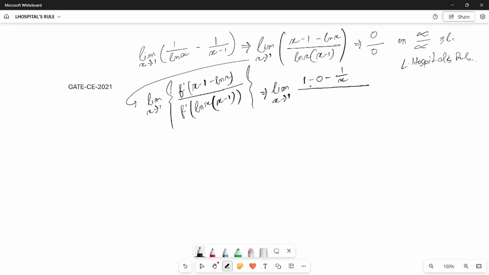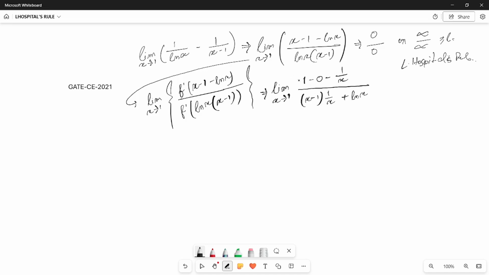And the lower function, that is again d/dx of ln x, this is a multiplying sort of thing, means x minus 1 into d/dx of ln x equals 1 by x, plus keeping the first function constant, that is ln x, and d/dx of x minus 1 equals 1 into 1. Okay, this is the f dash value.